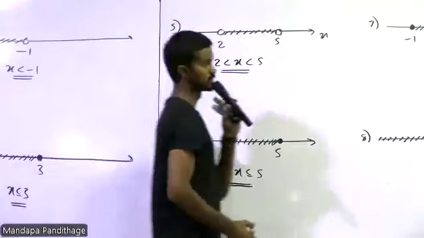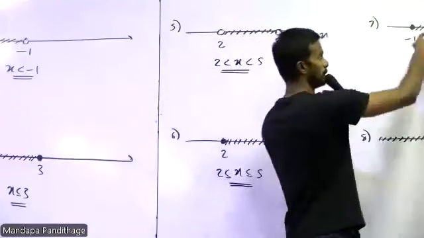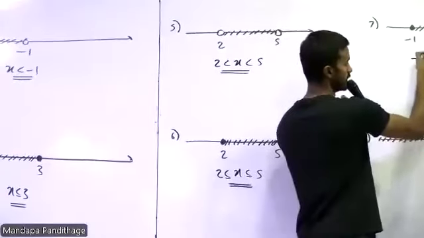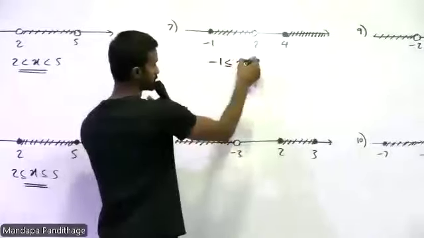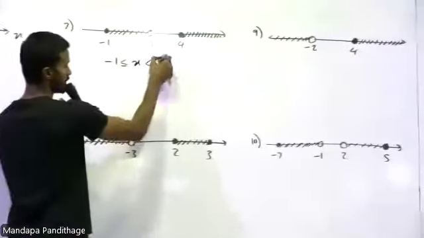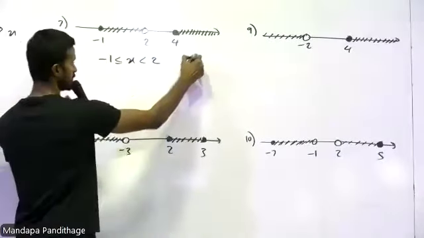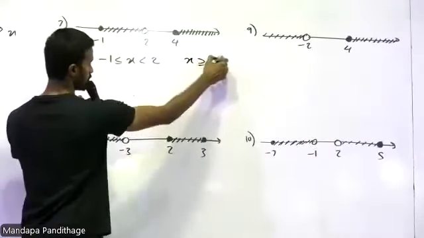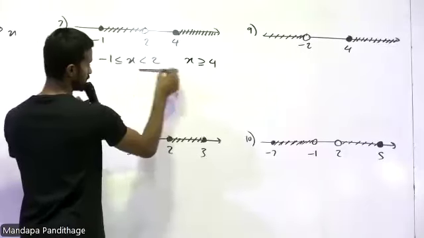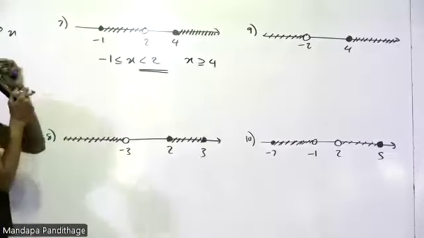Okay. In this one, you can see x is greater or equal to -1, less than 2. And if you write this one, it's x greater or equal to 4.